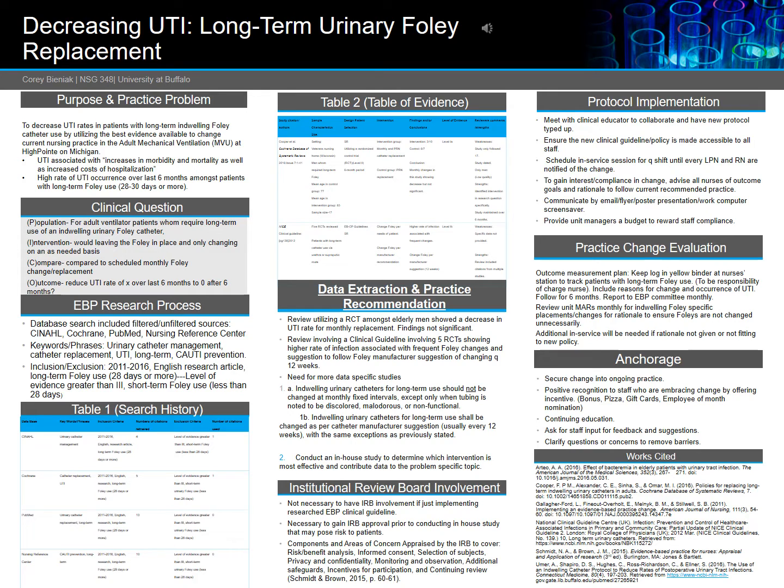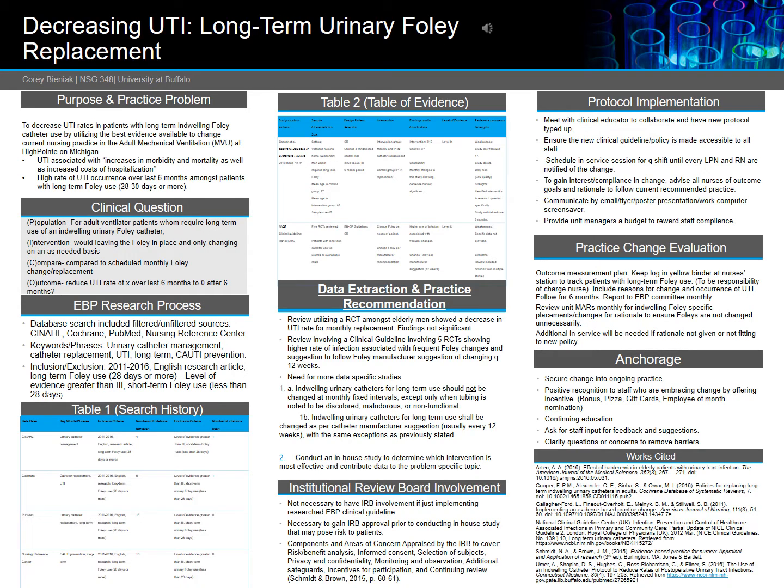Inclusion criteria were articles between 2011 and 2016 that were English research articles that contained long-term Foley use, 28 to 30 days or more. Exclusion criteria included level of evidence greater than 3 and articles of short-term Foley use, less than 28 to 30 days.